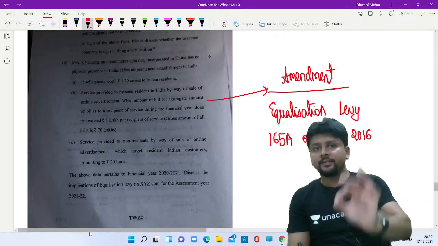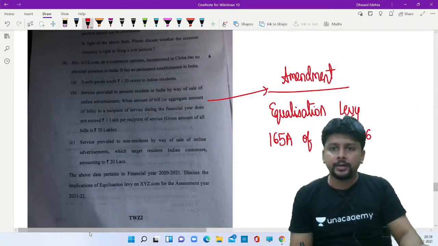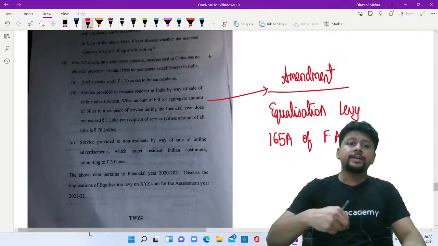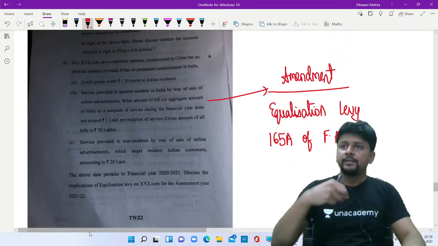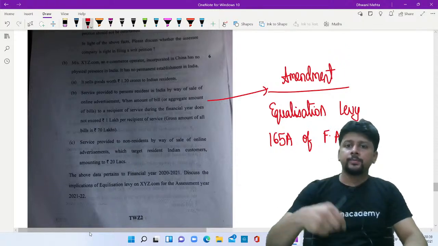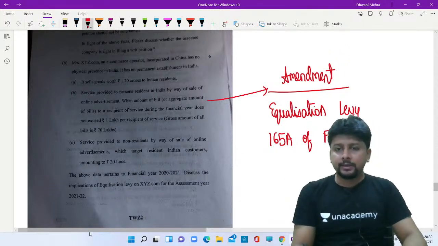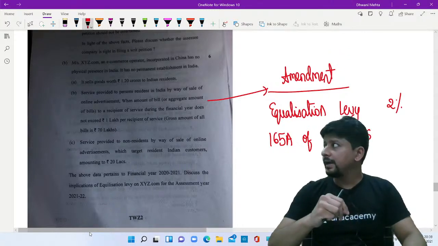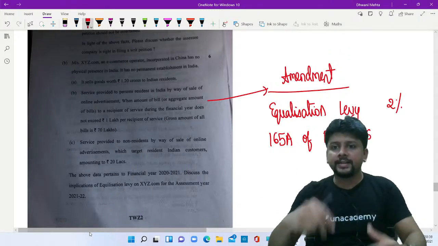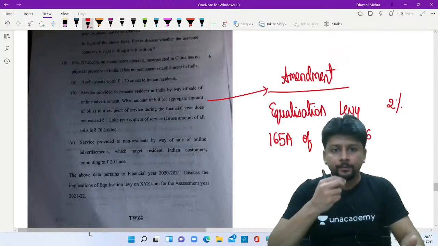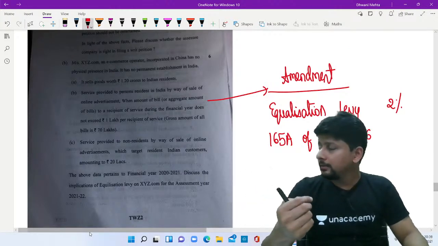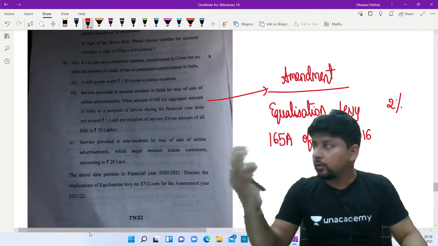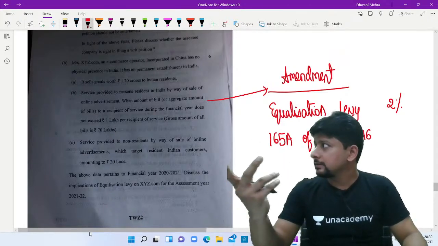And 165A is the new section that has been introduced, where a non-resident e-commerce operator who does not have a permanent establishment, when he sells goods, when he provides services, then equalization levy of 2% has to be collected on the sale. So, like there is an amendment of 194O in TDS.